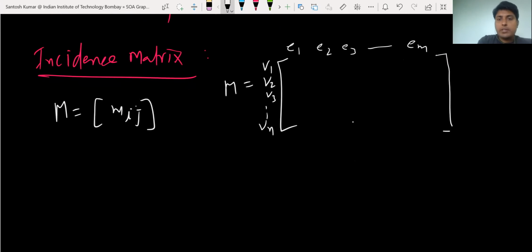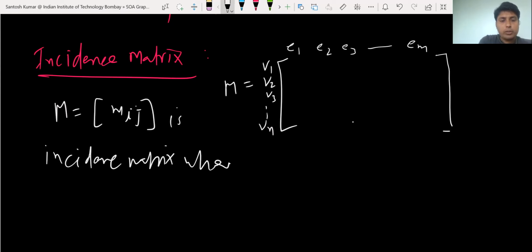So this is the incidence matrix, where the meaning of Mij is, or we can write MVE. In place of Mij we can write MVE.